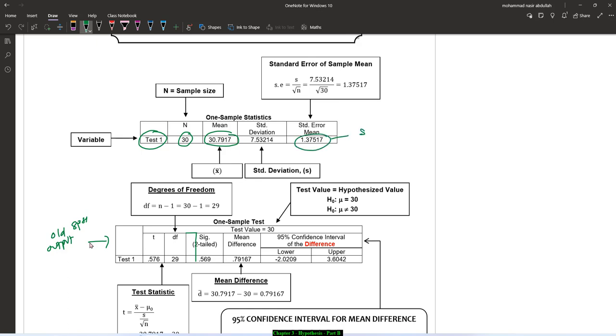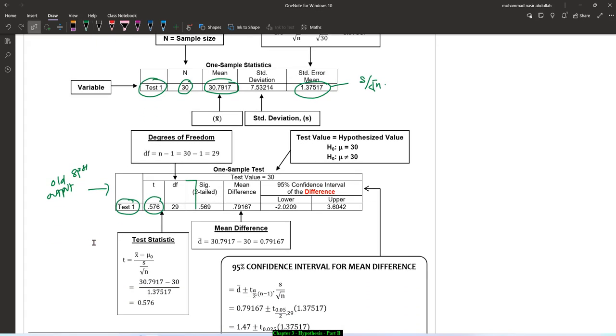Standard error is S over square root of n, right? And table number 2 is the test variable. This is the t statistic. The t statistic is calculated based on this formula, x bar minus mu divided by S over square root of n. And this is the degree of freedom, which is n minus 1. And this is the significant test, the p-value.